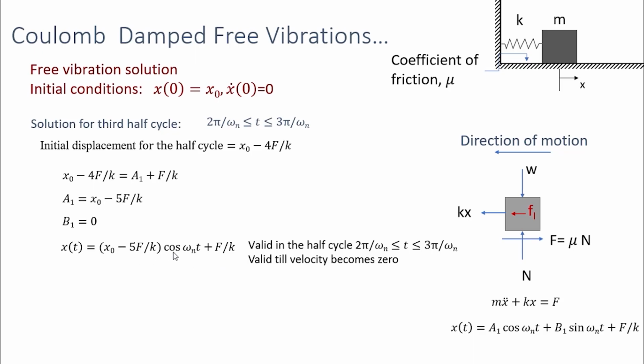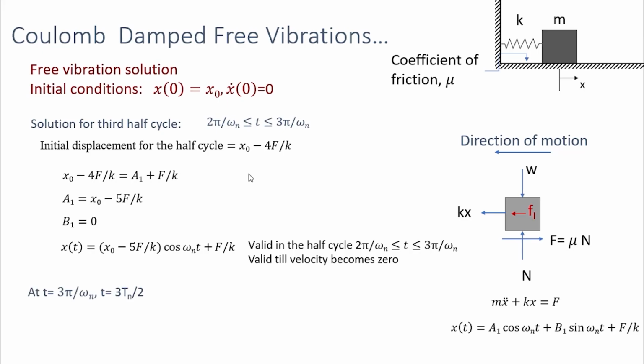And the solution is valid only in this half cycle, that is the third half cycle, when time is between 2 pi by omega n and 3 pi by omega n. And the solution is valid only till the velocity becomes 0 next time. That means the velocity is 0 when the time is equal to 3 pi by omega n. So until that time, this solution is valid.